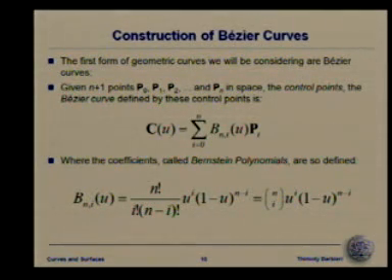So these are n plus 1 points from P0 to Pn. The curve is expressed as the weighted sum of all the control points, where the control point plays the role of the weight, and there is a coefficient which is calculated from a specific formula called the Bernstein polynomial.